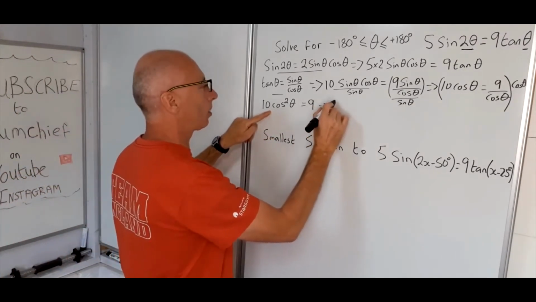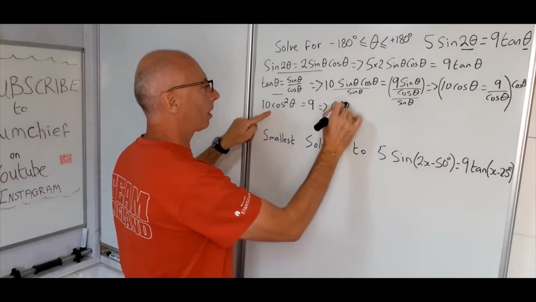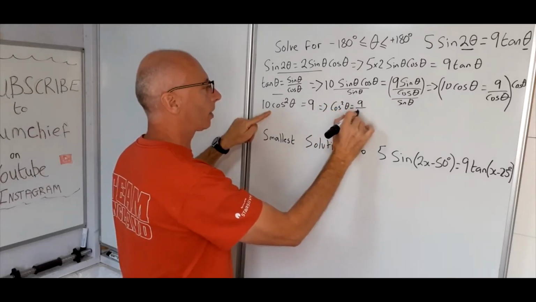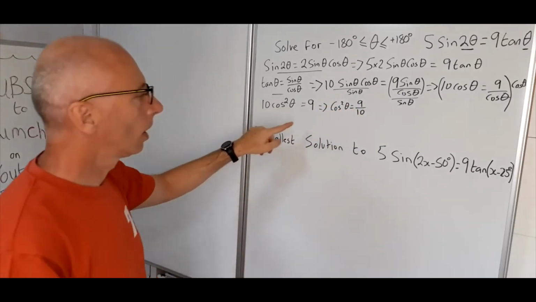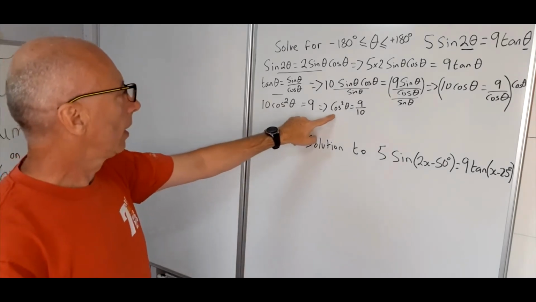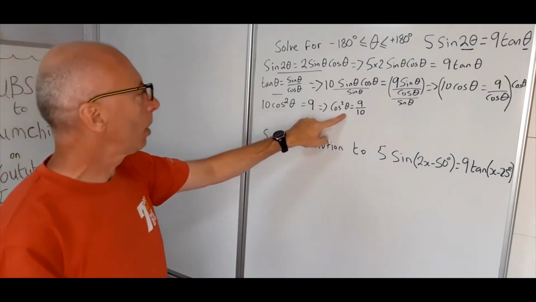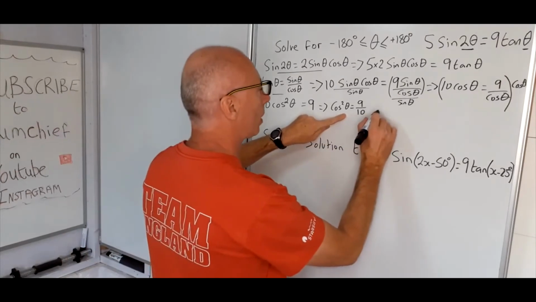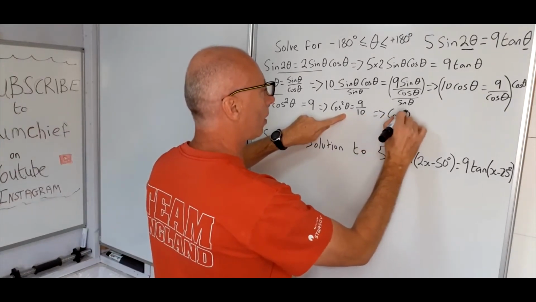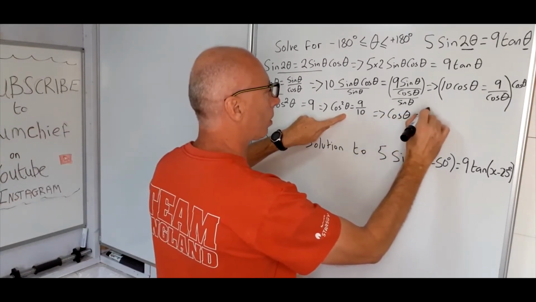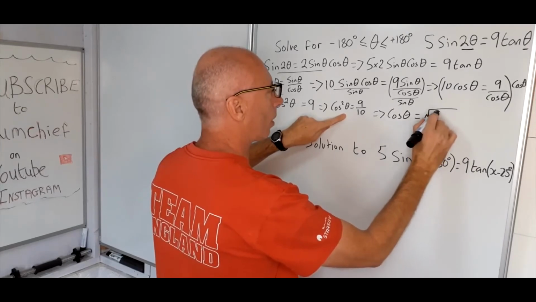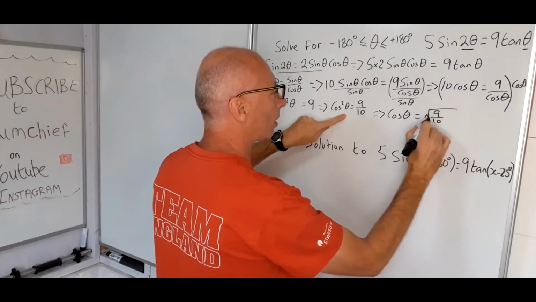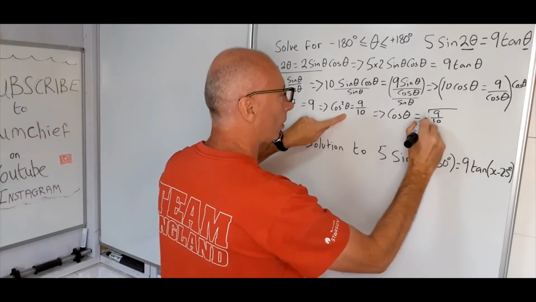So that leads to cosine squared theta equals 9 over 10. Now we can just take the square root on both sides, so cosine theta equals the square root of 9 over 10. That square root involves the 10 as well.